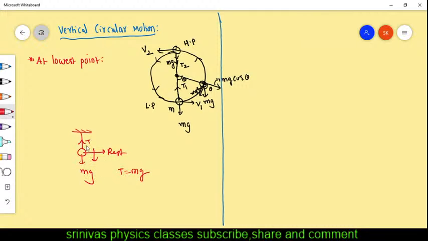T is called the tension in the string. Let us see here at the lowest point what we know.